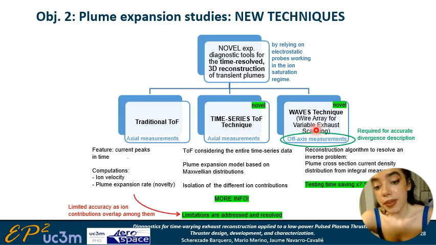And in the case of the WASP technique, we propose a diagnostic physical system formed by an array of wire electrostatic probes to scan the plume cross section, and also, to resolve the inverse problem, an algorithm to reconstruct the current density distribution based on variable separation.